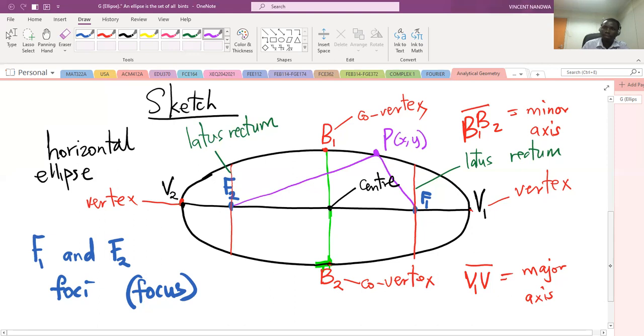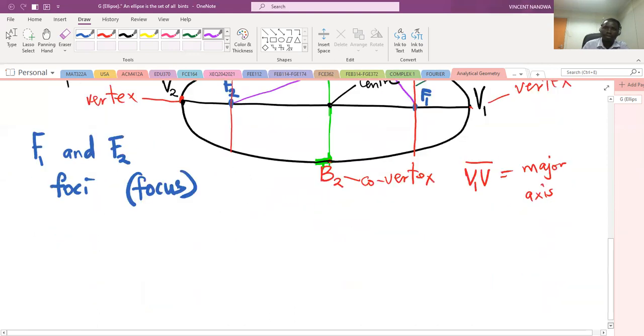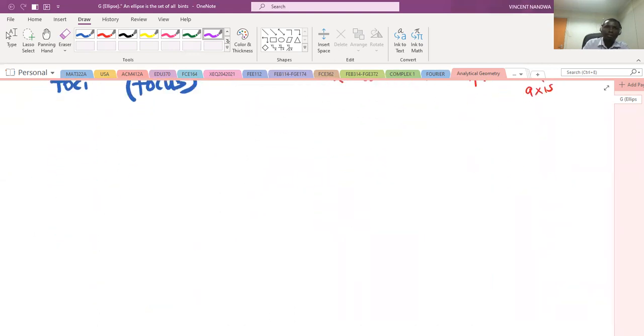So let's start by deriving the equation of an ellipse whose major axis is along the x-axis and the center is at the origin.